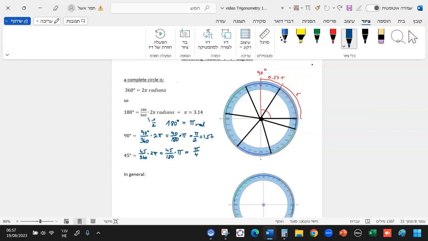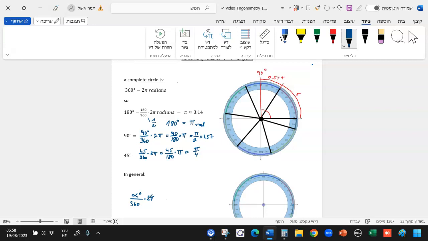In general, if we have an angle in degrees and we want to convert it to radians, we take the angle in degrees out of 360, that is the proportion from a full circle, times 2 pi. We take the same proportion from 2 pi.